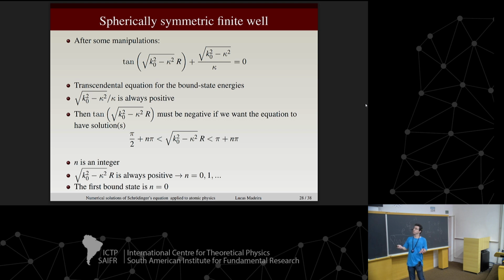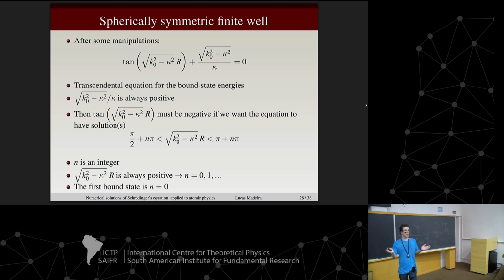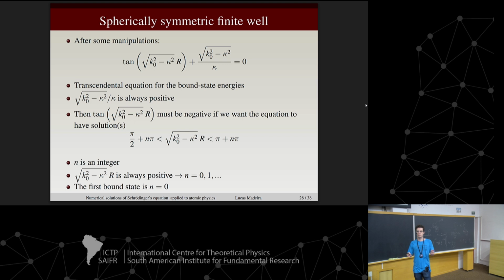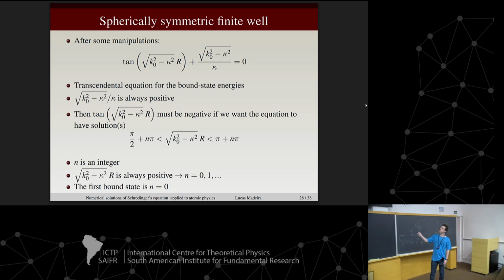Numerically, it would be really easy. If you open a numerical calculus textbook, you find lots of methods that give you roots of equations like this, right? And this equation is telling me that for some values of kappa, these bound states are allowed by my potential, okay?